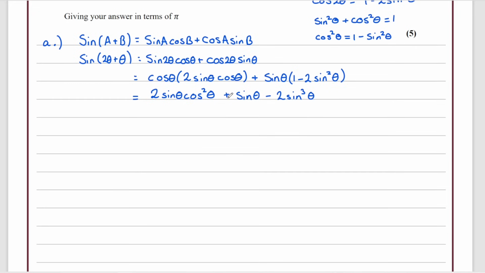So in that case then, replacing cos squared theta with 1 minus sine squared theta, what we get then is, let me just write it out in full again. I've got 2 sine theta times by 1 minus sine squared theta. Obviously, I can't do anything with these terms just yet, so I'll just write them out again. So sine theta and minus 2 sine cubed theta.